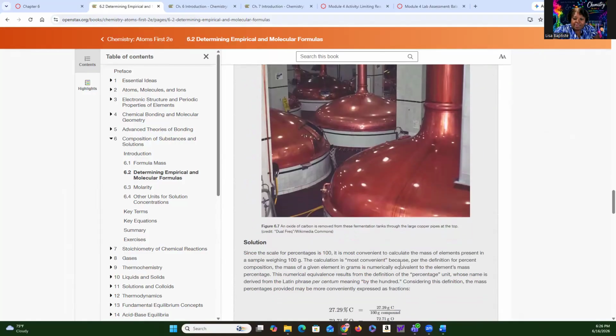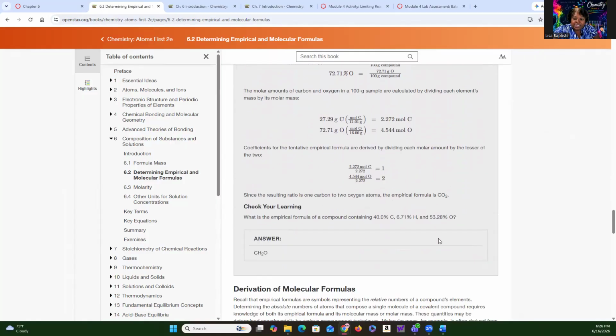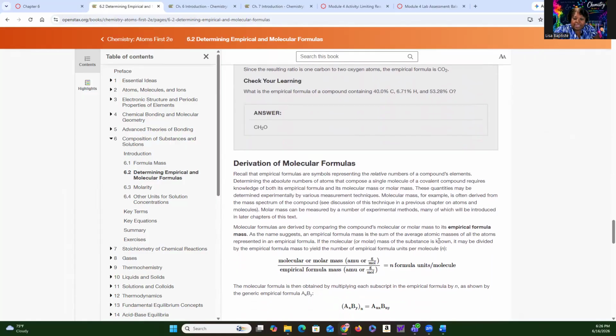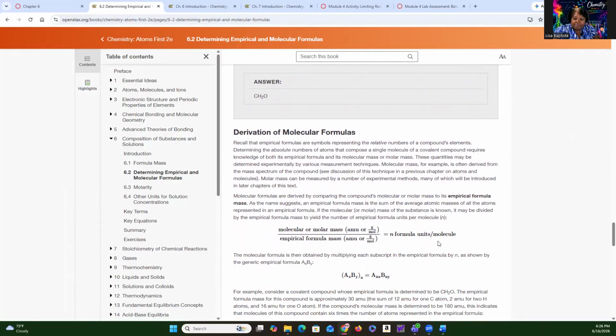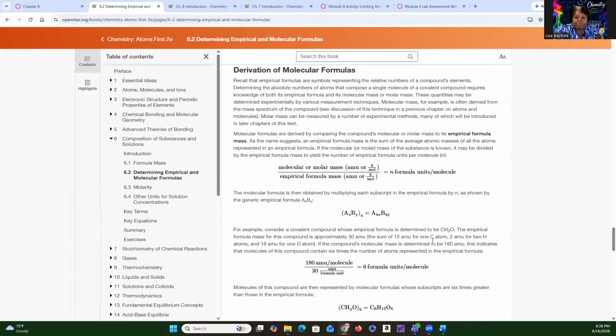And then there's some other examples it gives where we can look at percentages and we're looking at molecular formulas. So this one I want to go through molecular formulas. The rest were just extra practice on things that I've already talked about. But if we're looking at a molecular formula, so say you have your empirical formula and you want now your molecular formula.